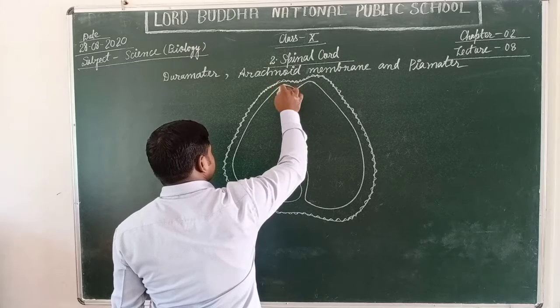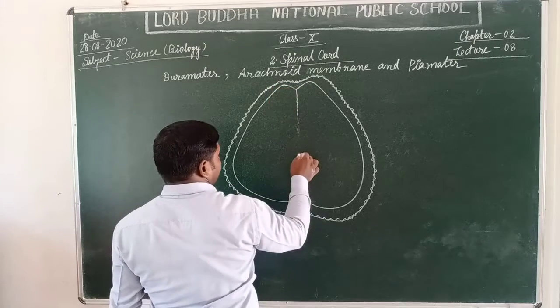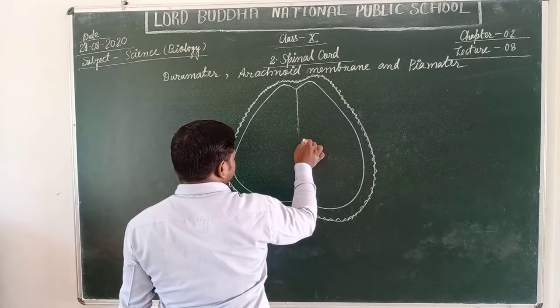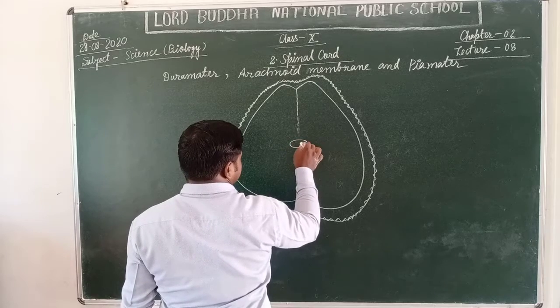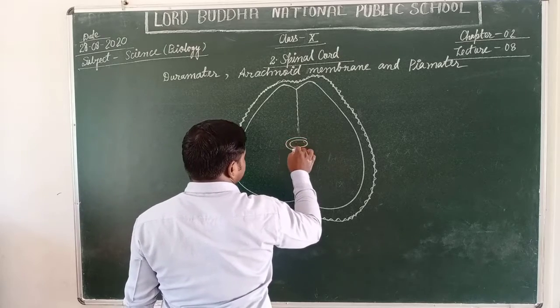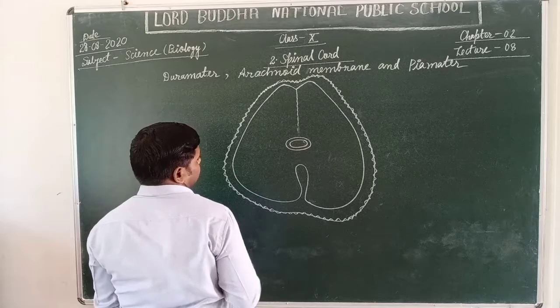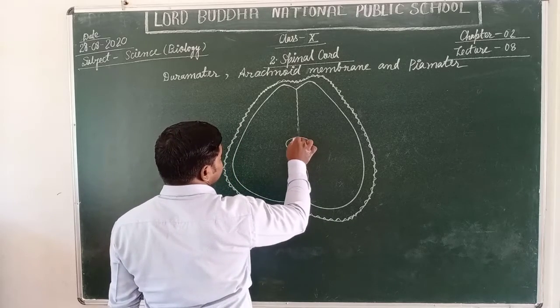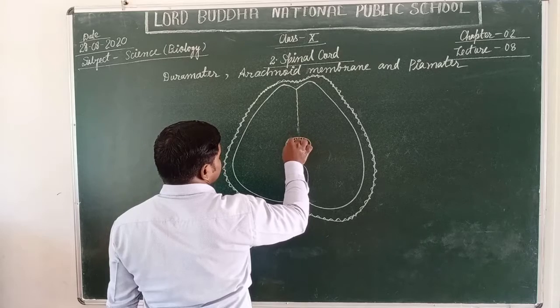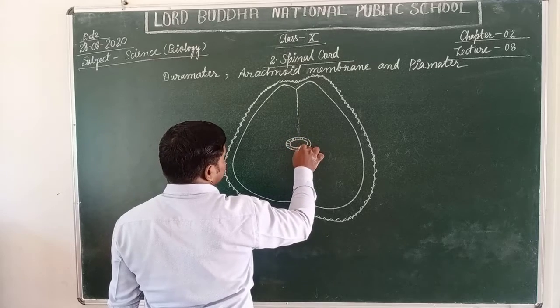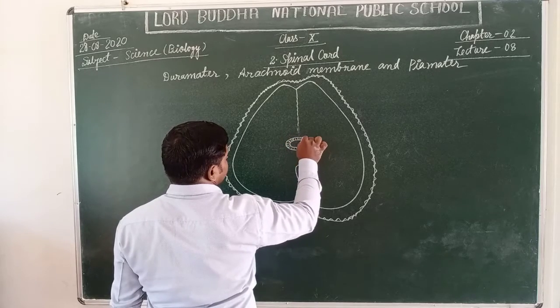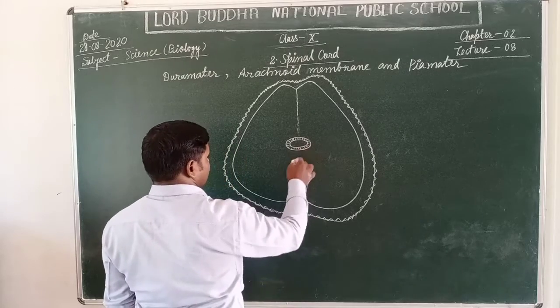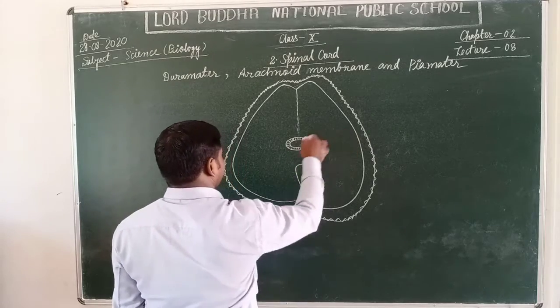This is the dorsal septum and this is the central canal that is filled with the cerebrospinal fluid. It is also known as the neural canal.